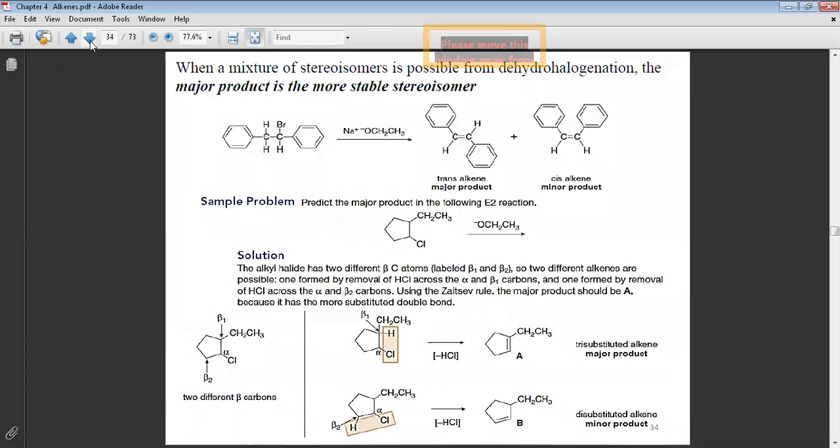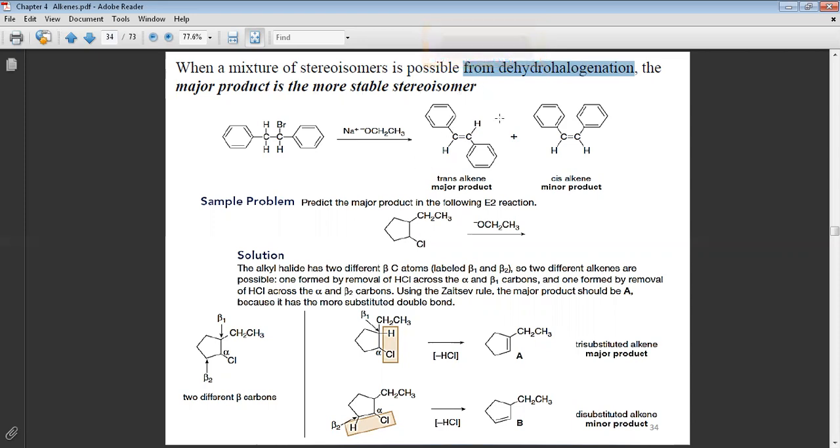And he said here, if you have a compound like this, it will give you the double bond. Of course, we said before that all trans alkenes are more stable than cis alkenes. That means when a mixture of stereoisomers is possible, from the dehydrohalogenation, the major product is the more stable stereoisomer.